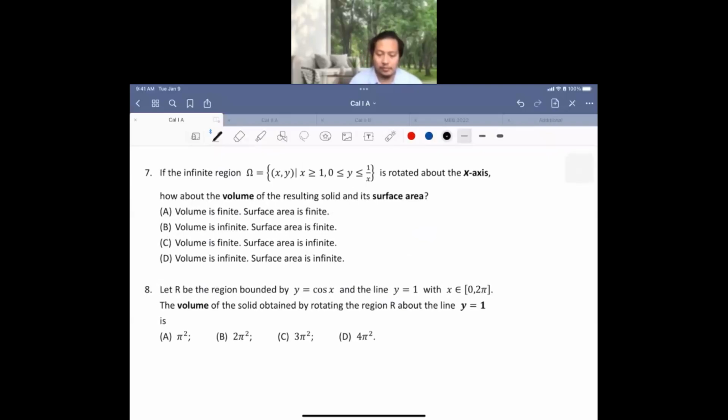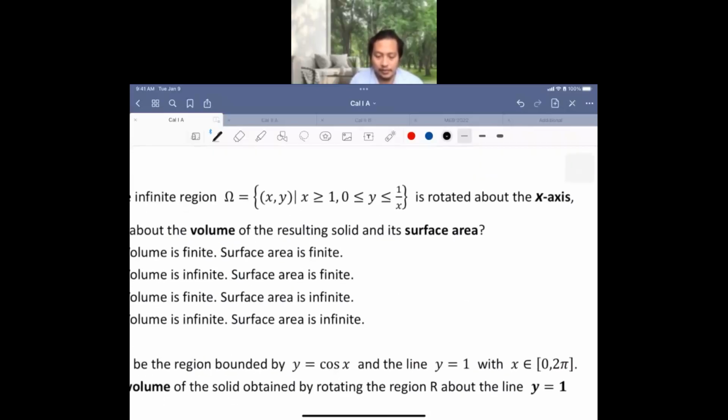So you have the region. It's rotated about the x-axis, and what are the results of the volume and the surface area? We are given that x is from 1 to infinity, the interval, and y is from 0 to 1 over x.